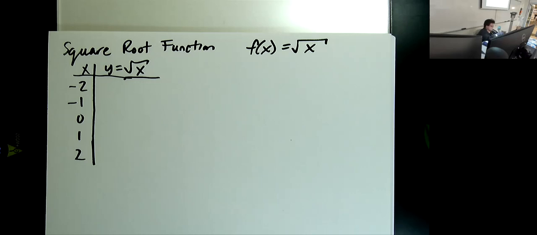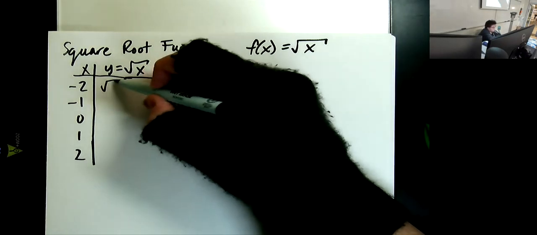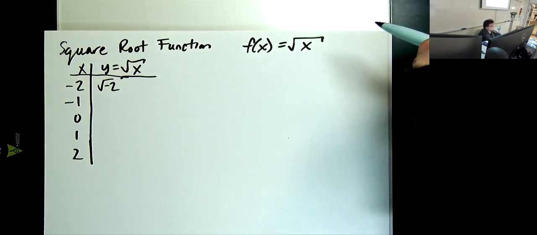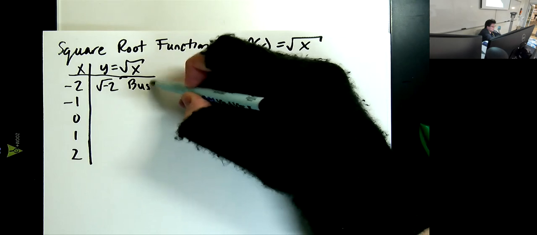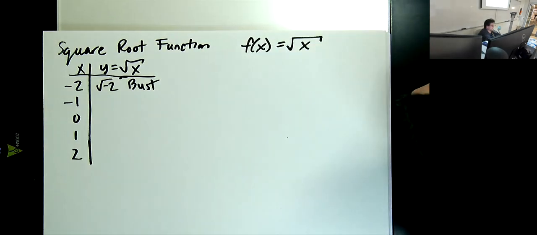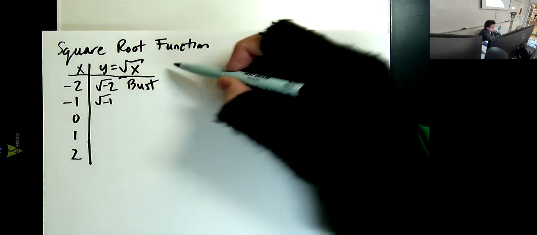What happens if I try to take the square root of -2? That's a bust. I'm going to get a complex number. It doesn't show up on the real number line. Same thing with -1. It's out also.